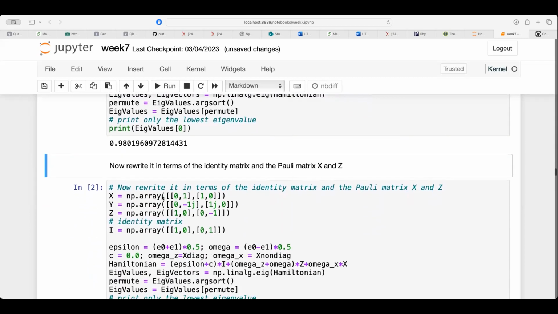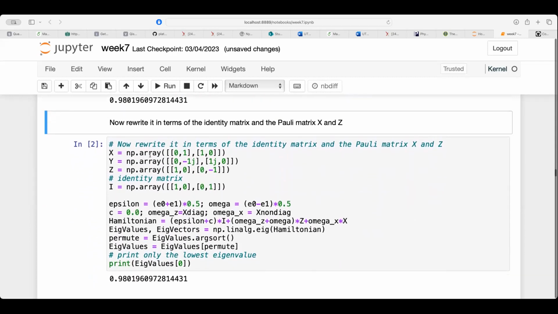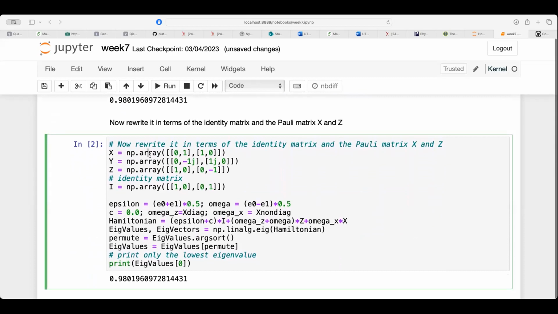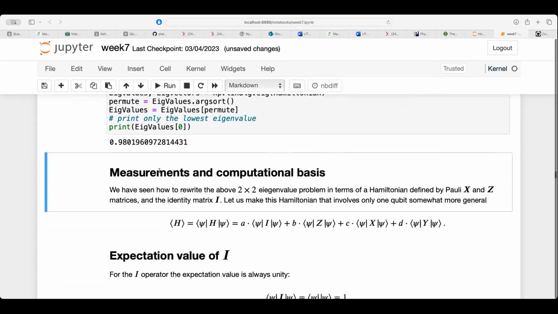So what we did last week was to rewrite this Hamiltonian in terms of Pauli matrices. That was that step. And you can see now we have Pauli X, Y, and Z matrices, and then we have the Hamiltonian rewritten in terms of this. So that's a simple case where we have a Hamiltonian in terms of the identity matrix. We don't have a Y matrix, we have a Z and an X matrix. And when we calculate the eigenvalues, we obviously get the same thing.